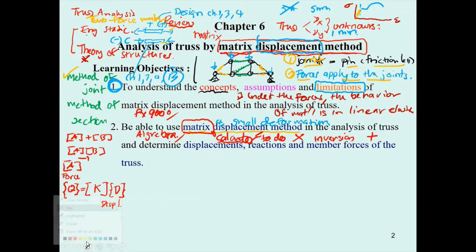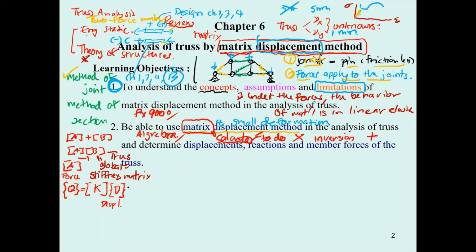And then in the middle, this is called the stiffness matrix. To be in full, it's the truss global stiffness matrix. This is the stiffness matrix for the truss in the global coordinates.